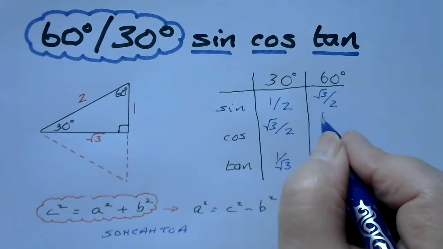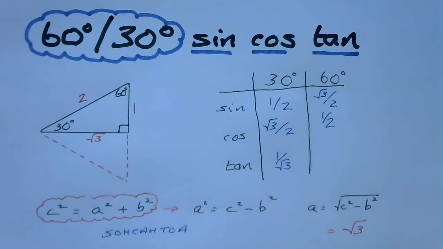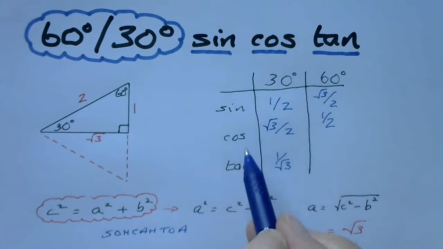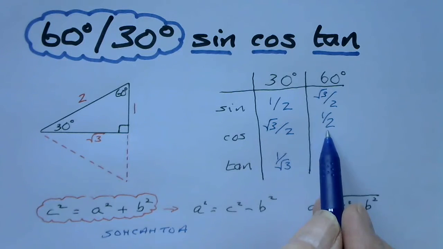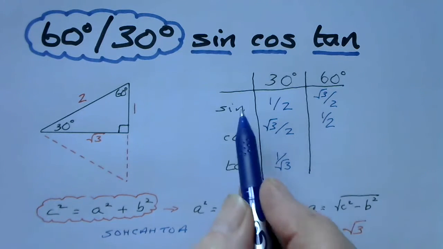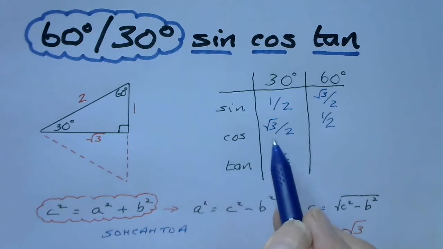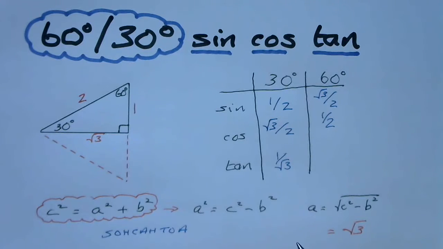So that's 1 over 2. And I wonder if you notice that sine 30 is the same as cosine 60. And also that sine 60 is the same as cosine 30. That's interesting. And you'll learn more about that as you learn more and more about maths.